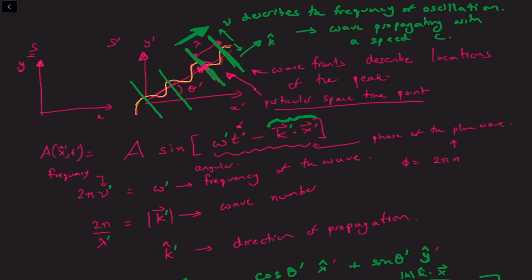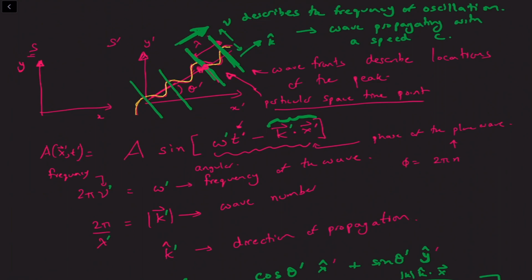So therefore, whether you have a maximum or a minimum or some intermediate phase, both observers should agree on the value of that phase. Okay, so the phase is not relative. The phase is something that both observers will agree on. They will just disagree on the description of the location of that space-time point. And so if they disagree on the location of that space-time point, they might also disagree on the frequency of the wave and the wavelength of the wave.